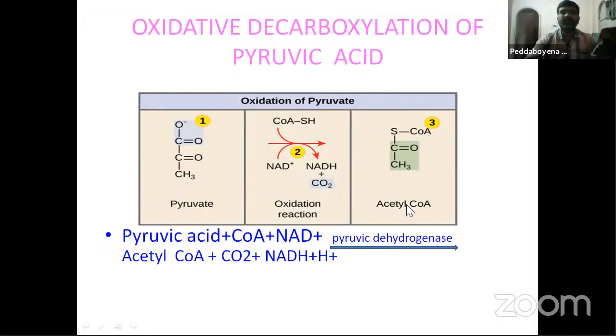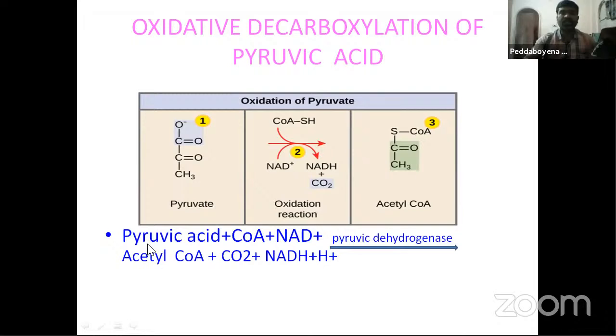So at that time acetyl coenzyme A is formed. Here you are observing pyruvic acid condensing with coenzyme A and NAD plus, and it is converted into acetyl coenzyme A, and CO2 is removed. Here NADH plus H plus is formed. This reaction is catalyzed by the pyruvic dehydrogenase enzyme.